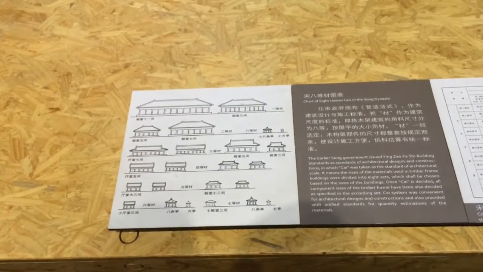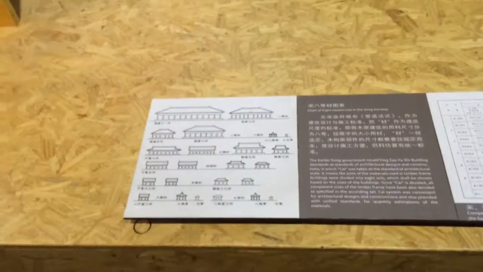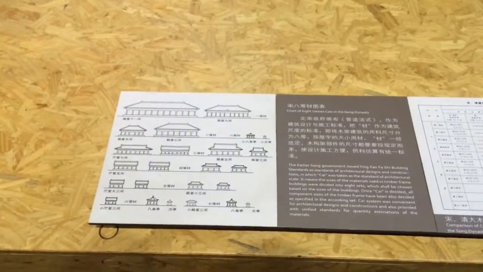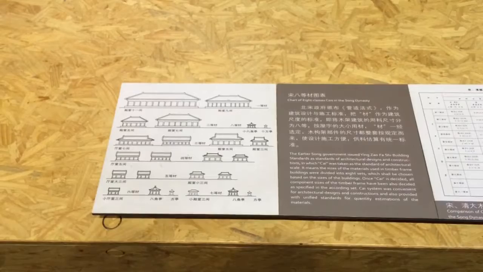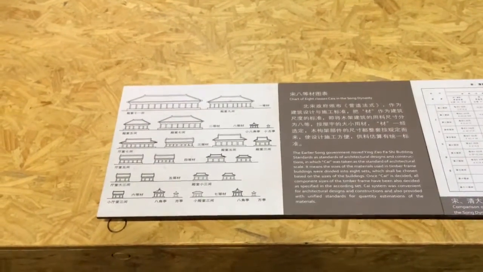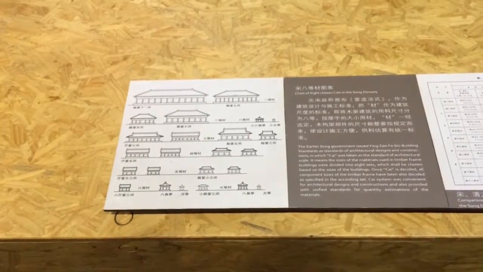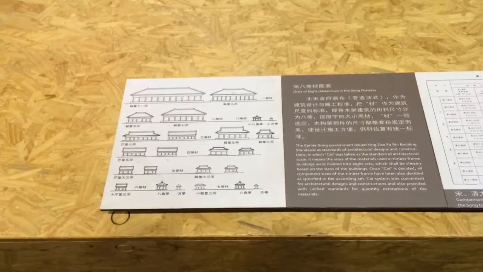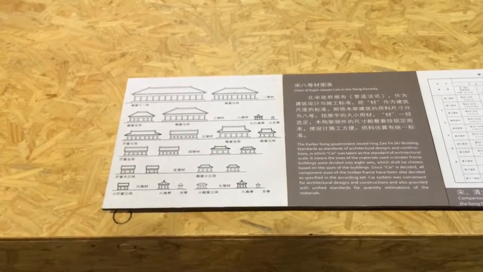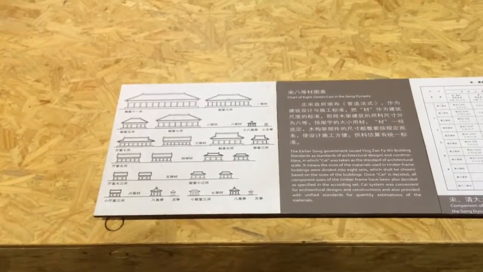The Song government issued Yingzao Fashi, building standards for architectural design and construction, in which Cai was taken as the standard of architectural scale. It means the sizes of the materials used in the timber frame buildings were divided into 8 sets, which shall be chosen based on the size of buildings. Once Cai is decided, all component sizes of the timber frame are also decided as specified in the corresponding set.